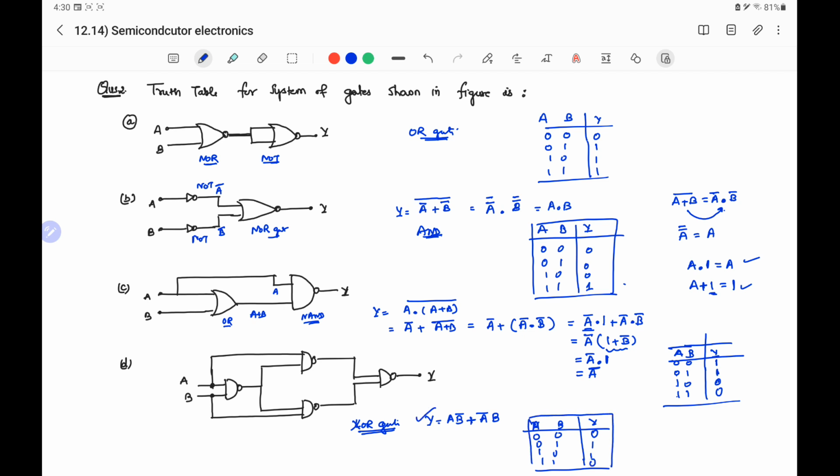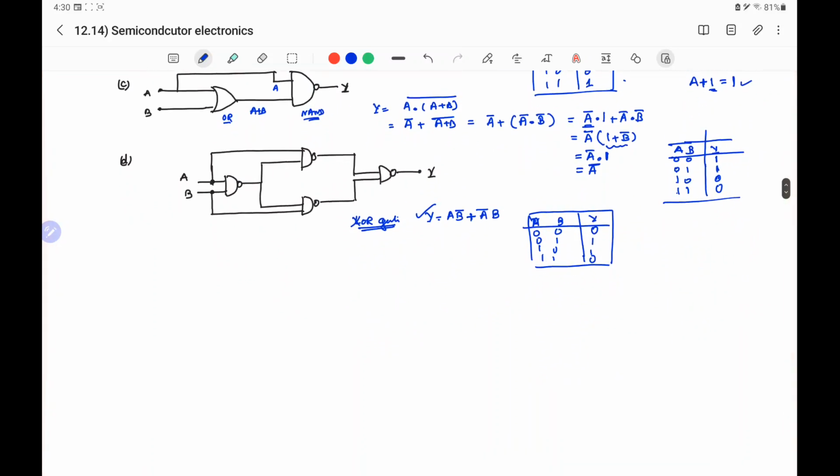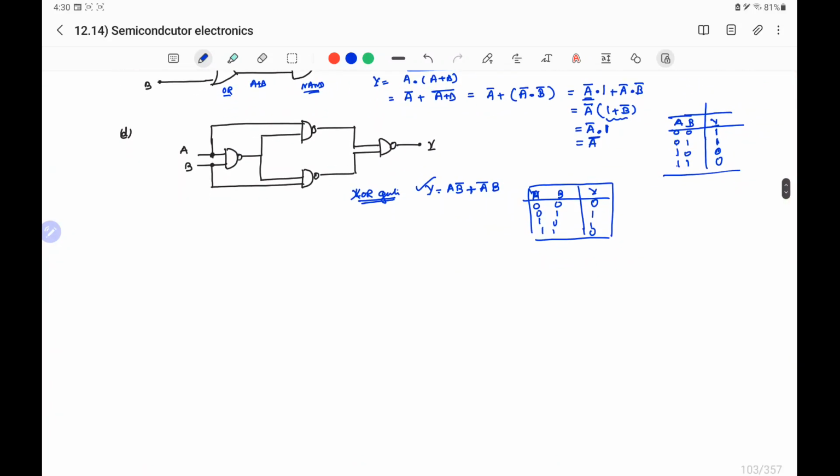This expression Y equal to A B bar plus or A bar B, we can also evaluate. Here, suppose this is A and B. This is the first NAND gate, this is second, this is third, this is fourth.